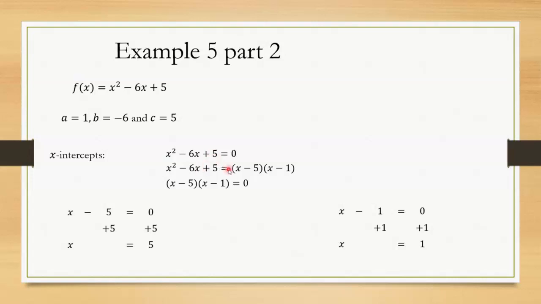That's going to work. So we get x minus 5 and x minus 1. So this product here is equal to 0, right? Because the original equation was. And just like before, each factor you set equal to 0. x minus 5, set that to be 0. x minus 1, set that to be 0.